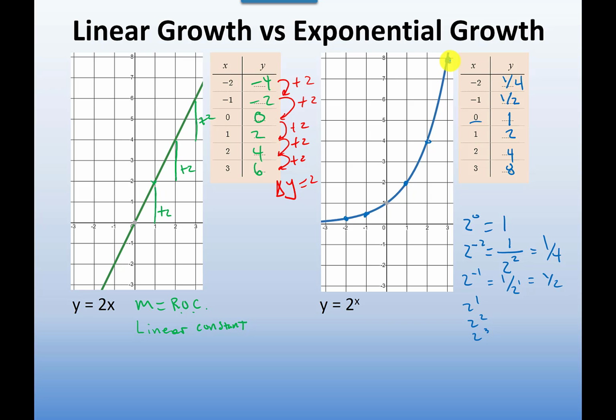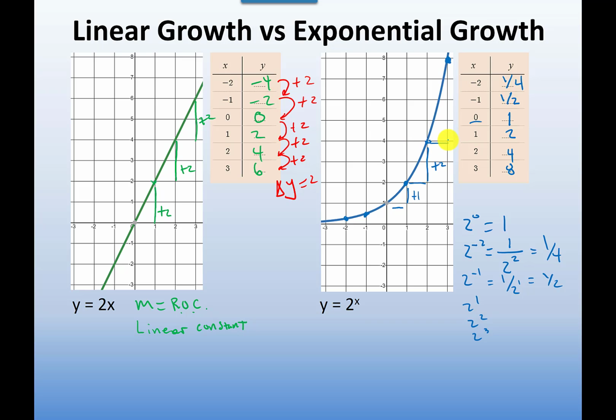Now I want to explore the change and look at the change. It doesn't have a constant rate of change like a slope does, but there is something that is consistent about how it changes. So when x moves 1, I add 1. When x moves another 1 this time, we added 2.